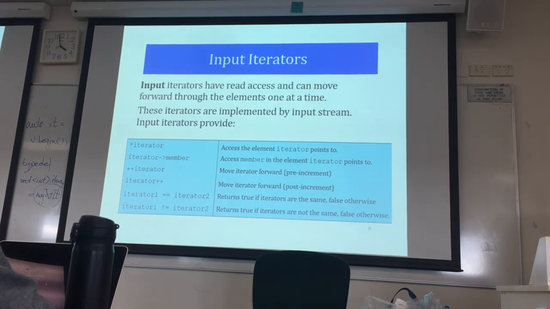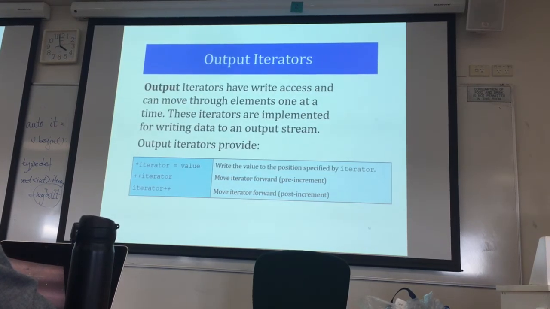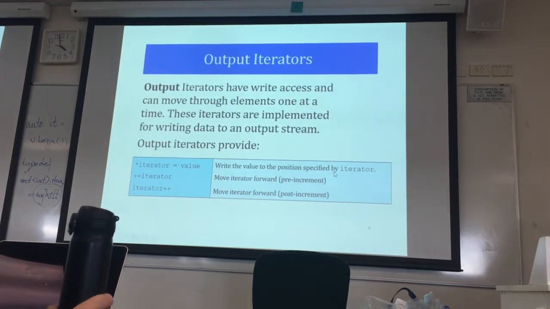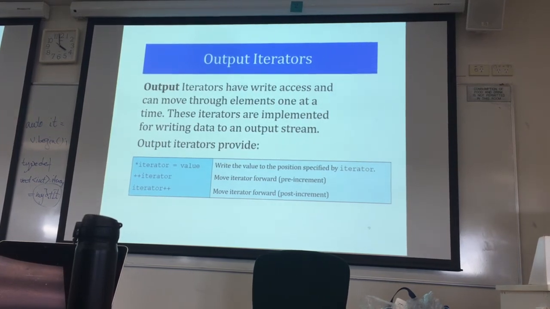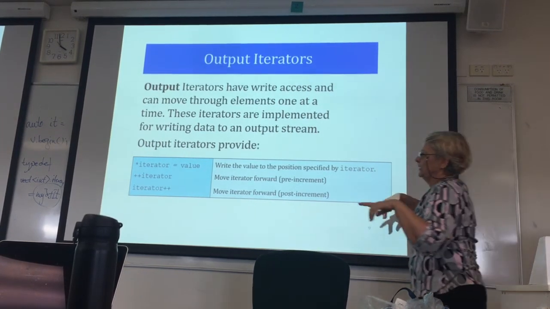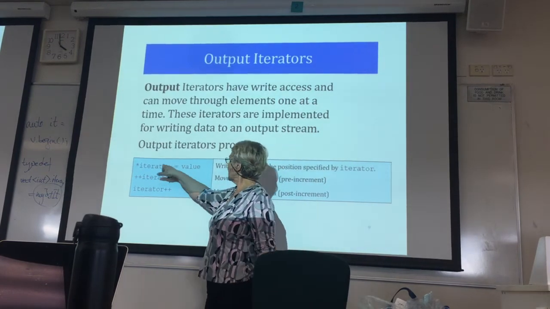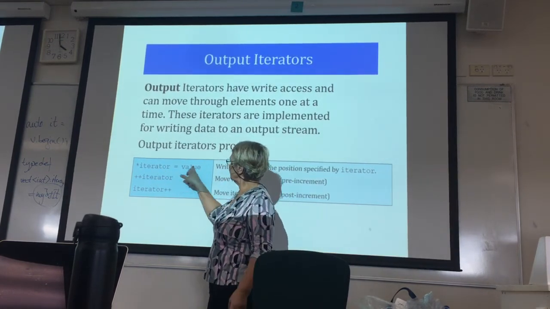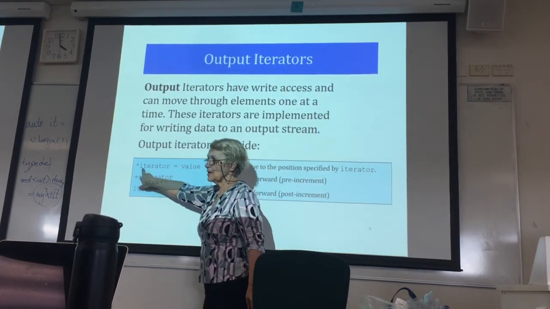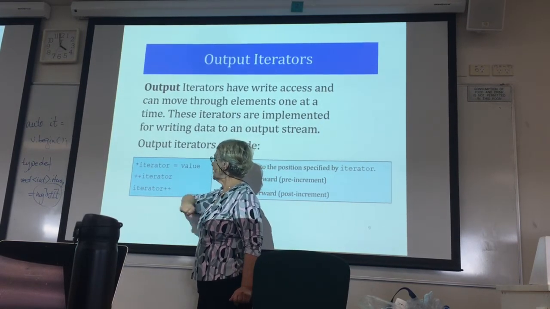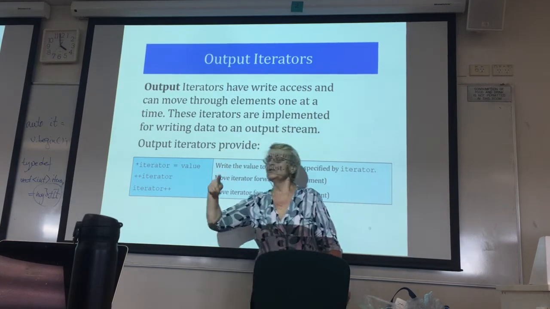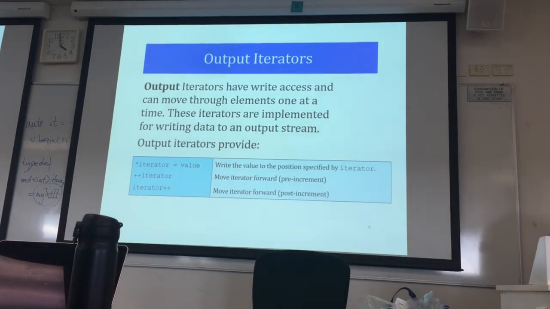This is what an input iterator is. Output iterators write the value. So input and output are somehow equally weak. They provide this writing: you assign something to the location to which this points, and then you are allowed to move forward.